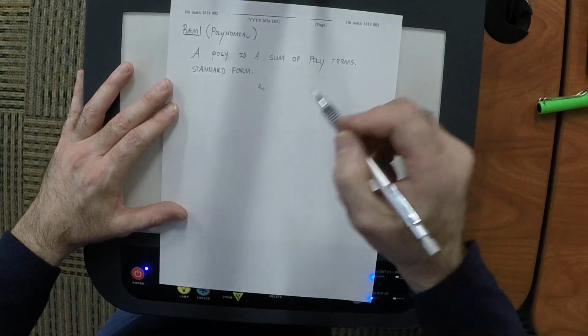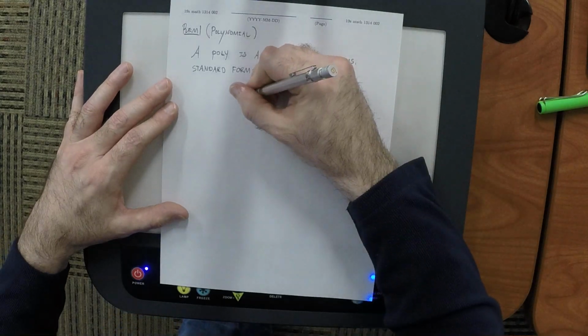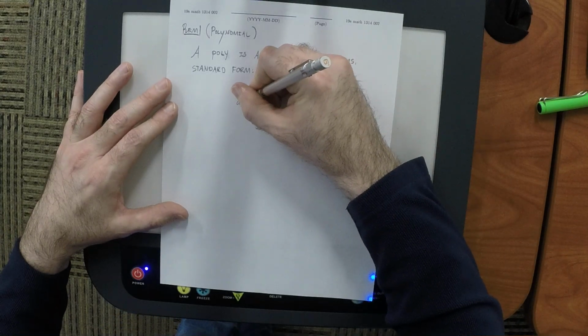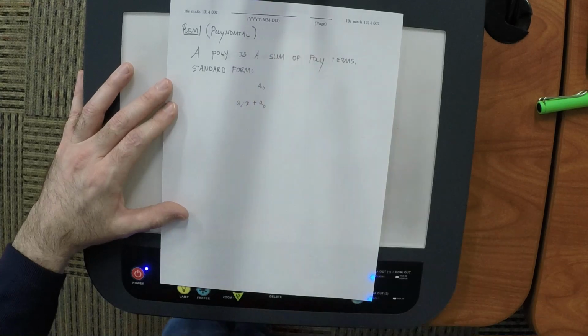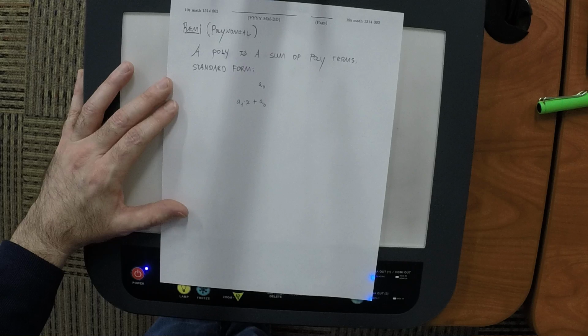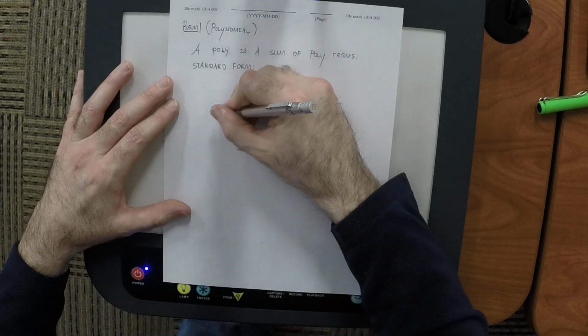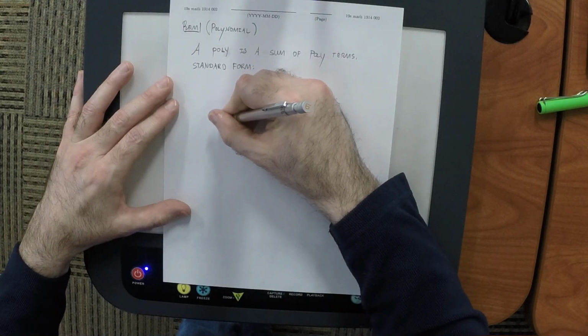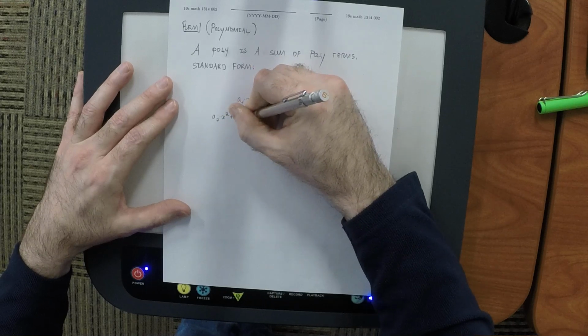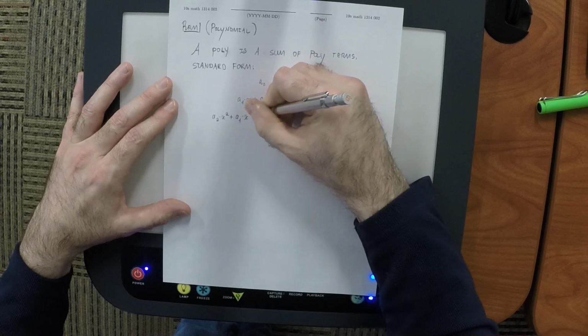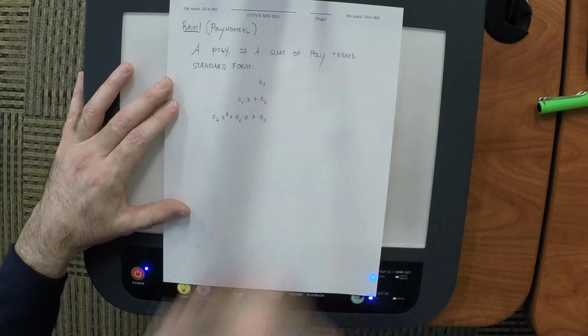So we could have just a0, or we could have something like a1 multiplied by x plus a0. Or we could have a2 multiplied by x squared plus a1 multiplied by x plus a0.